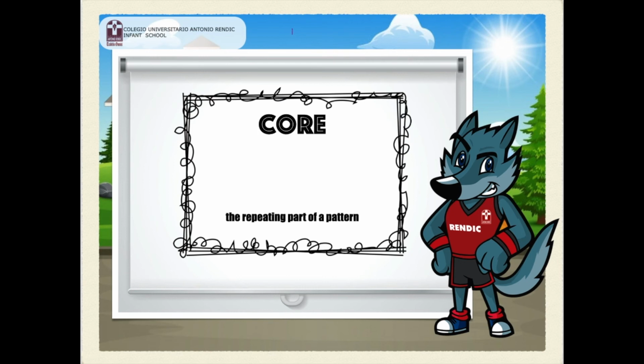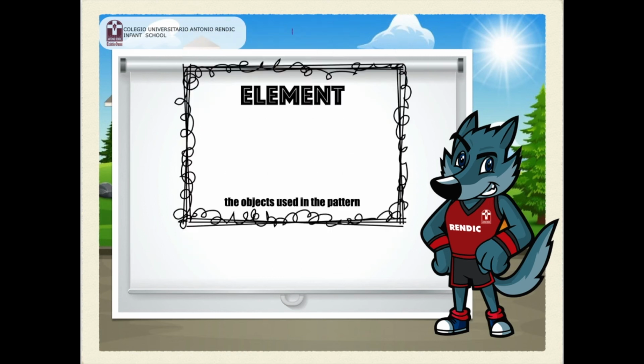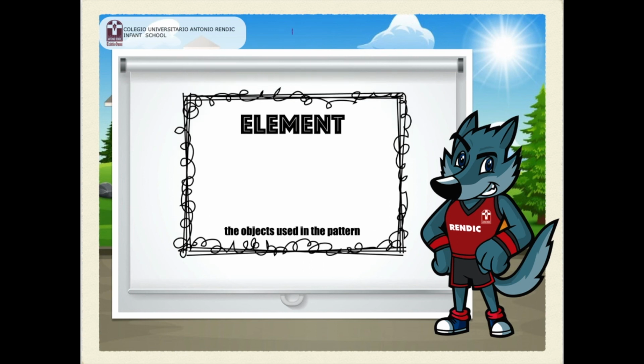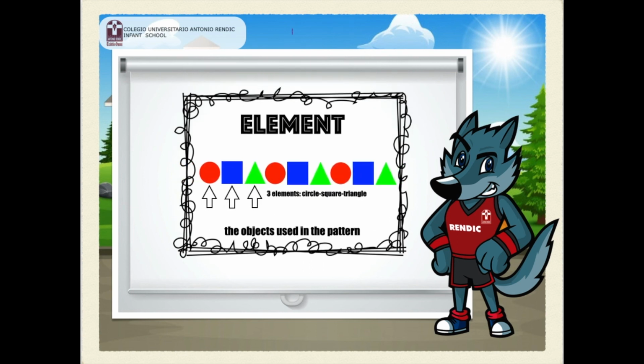Core. The core is the repeating part of a pattern. In this case it is circle, square, triangle. Elements are the objects used in the pattern. In this case we have 3 elements: circle, square, triangle.